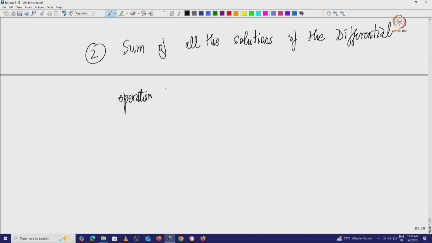We have seen it for the case of Nabla square or box square, essentially the example of del square.